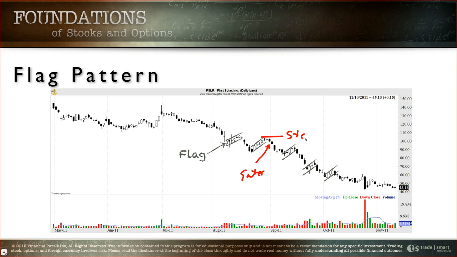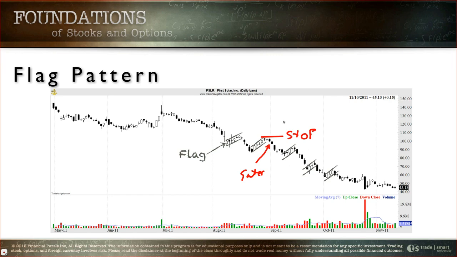That'll be your stop. And what's great about these little flag patterns in this type of scenario is you can really get good risk reward. We haven't talked about that a whole lot yet in this program, but my veteran students here on retakes understand that terminology of risk and reward. A lot of times we'll set these up in Power Trader, and I'll say, it looks like there's some sort of little corrective move, or a flag pattern.